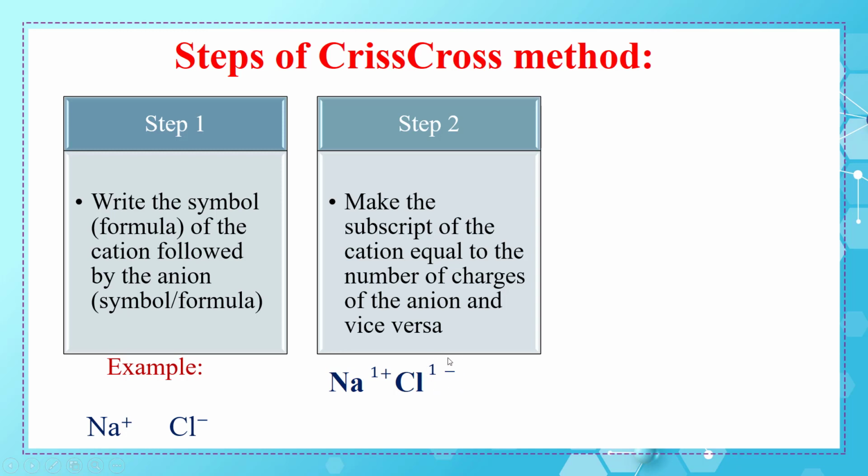chloride ion? So I select firstly the charges of each ion, then I make by arrow a criss-cross process.